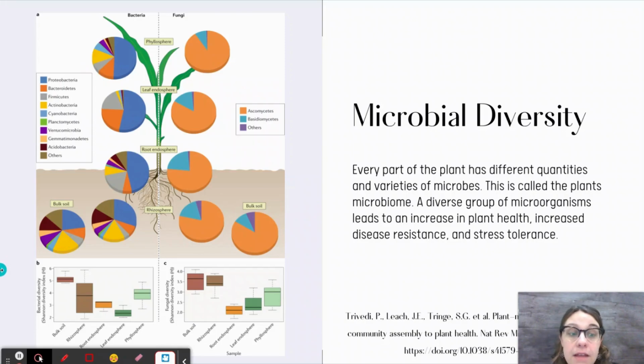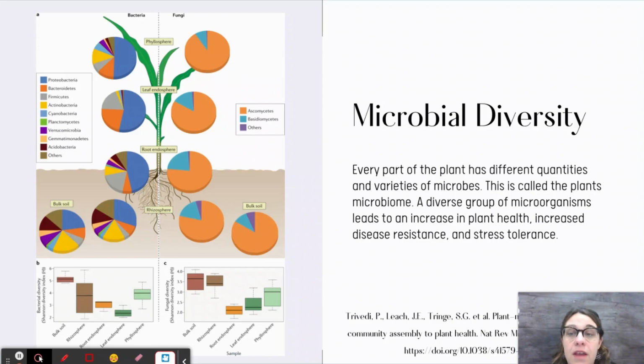And you notice that the percentages of the different bacteria or fungi change depending on the location of the plant. But know that not one part of that plant doesn't have a variety of different species of bacteria and fungi.